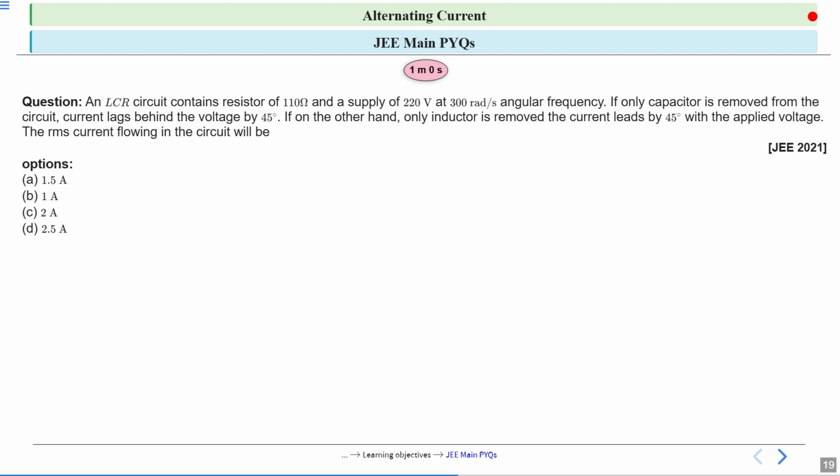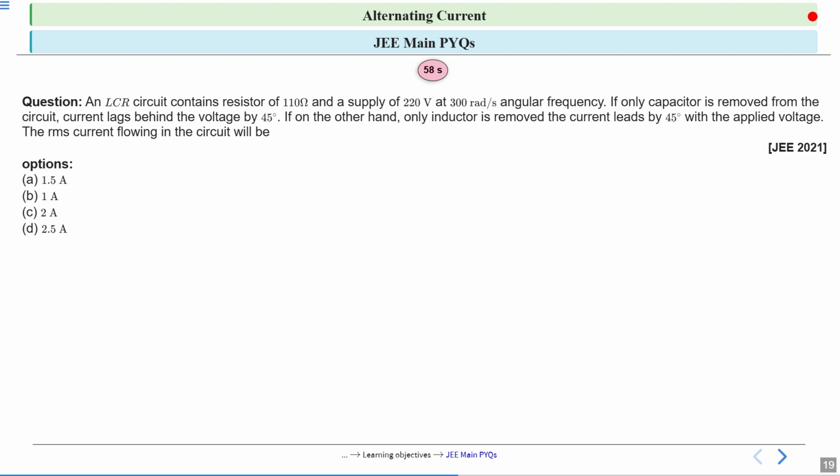So these phase differences are given to calculate the reactances, or to determine in what condition the circuit is. Okay, so the options are 1.5 ampere, 1 ampere, 2 ampere, 2.5 ampere.